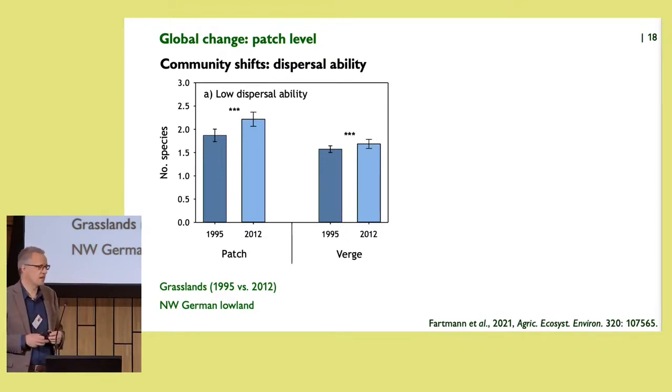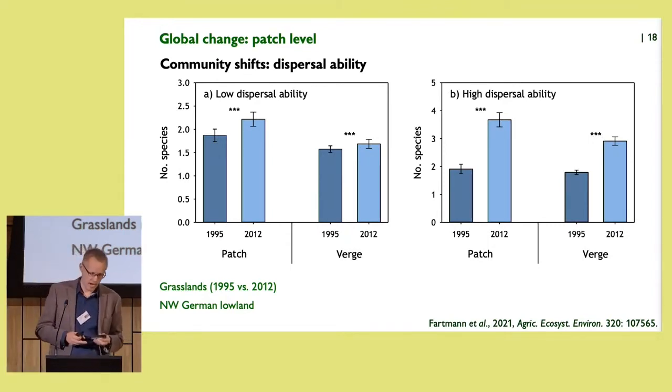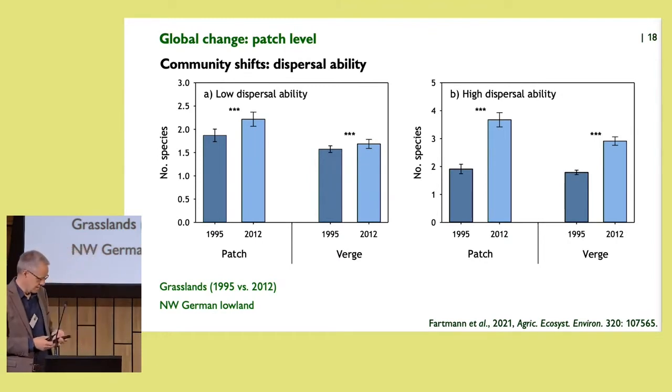We have tiny grasslands, and we have a high connectivity, and in landscapes with a high connectivity, Orthoptera species are partly able to follow climate warming, to track climate change. And high dispersal species also followed climate warming and expanded in our patches.